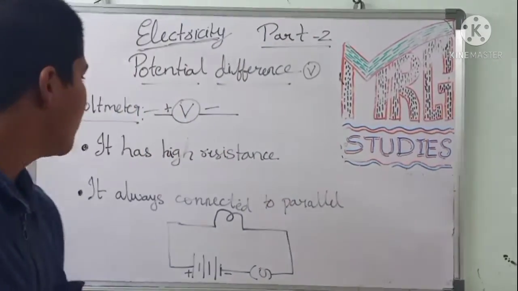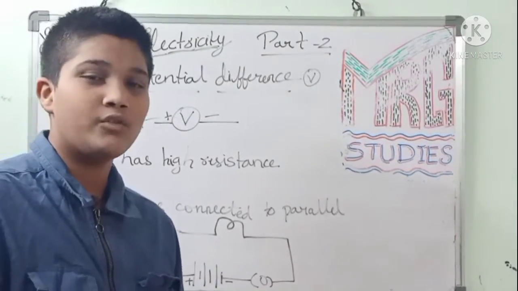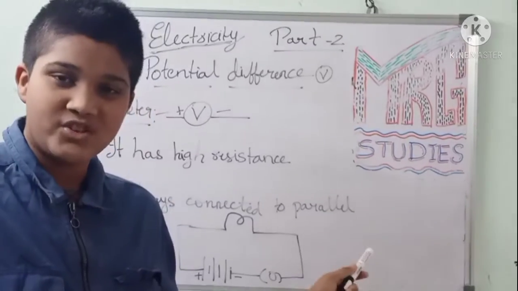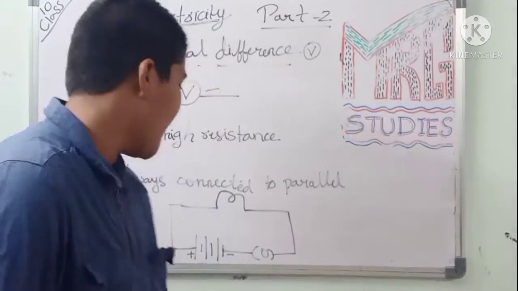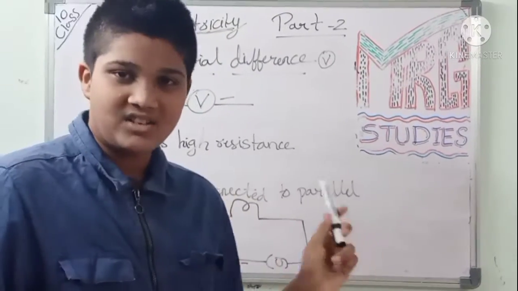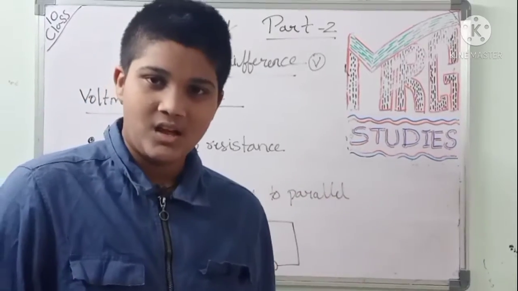The voltmeter has high resistance. I have told you what resistance is: it measures the opposition to the flow of current in an electric circuit. So the voltmeter has high resistance and it is always connected in parallel.